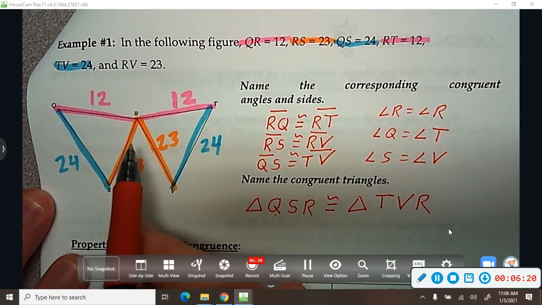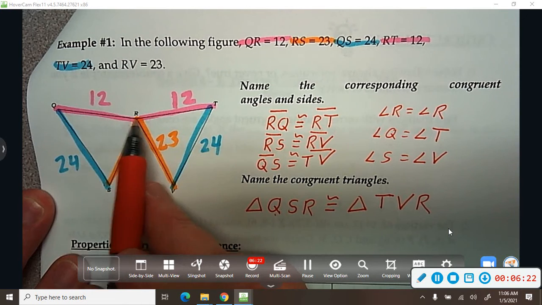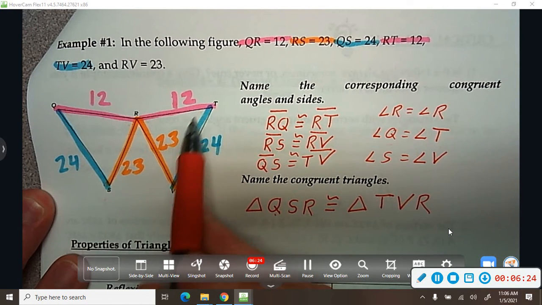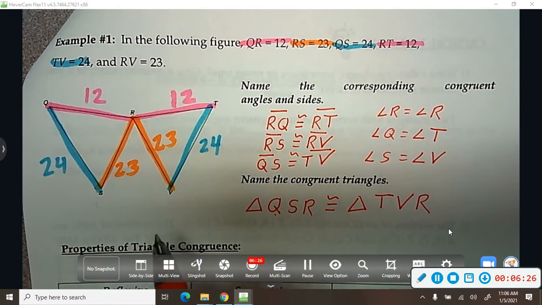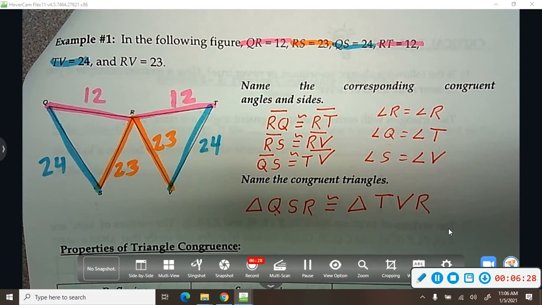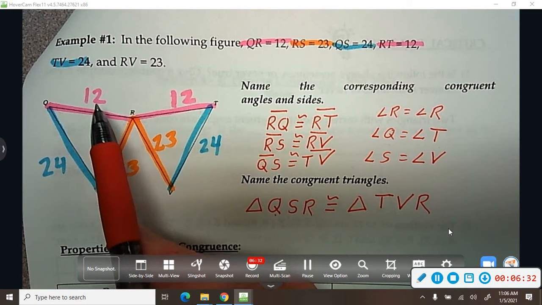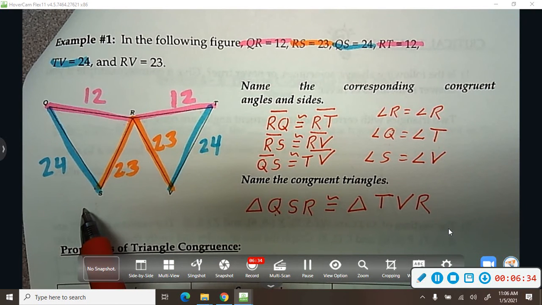And then we also identified that angle R equals angle R, angle Q equals angle T, and angle S equals angle V. And we also said that they don't tell us about the angles, but because we have what we call side, side, side, if we know that all the sides of the triangle are congruent to the sides of another triangle, then that's enough to show that the triangles are congruent. We call that the side, side, side theorem.